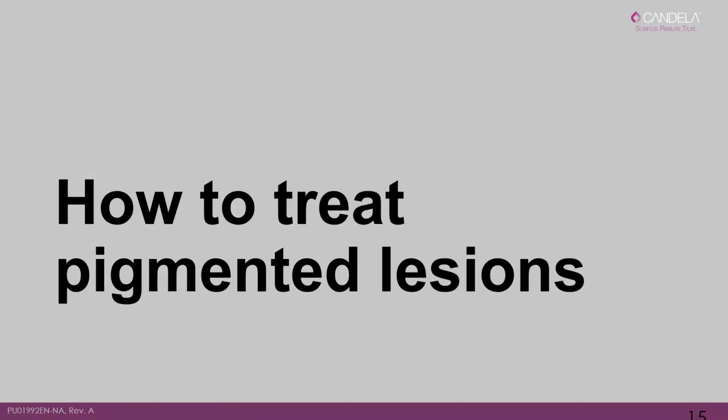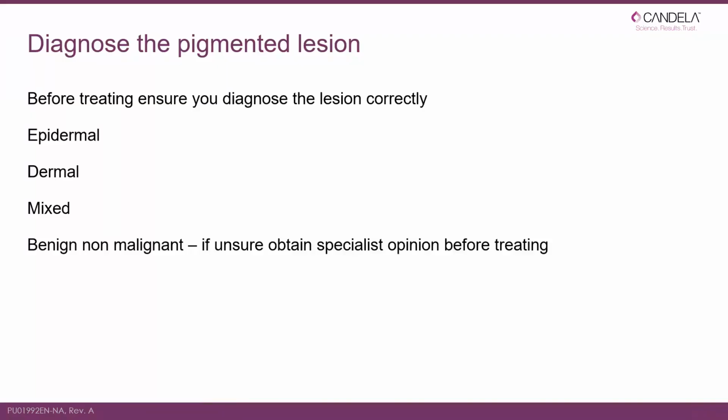So how do we treat a pigmented lesion? Before going to the treatment, we have to ensure that we're actually diagnosing whatever that pigmented lesion is correctly. So think about whether it's sitting in the epidermis, the dermis, or a mixture of the two.